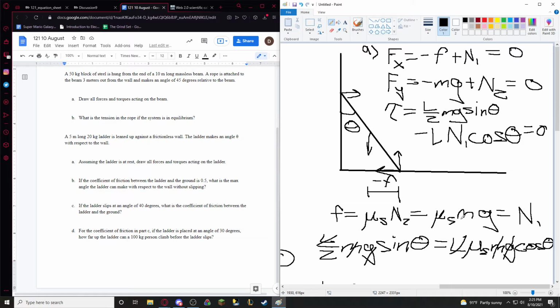When a 100 kilogram person starts climbing up, their weight would start pushing downwards onto the ladder. So let's say we're just going to choose a random spot. Let's say right here. So how would that change the x equation?